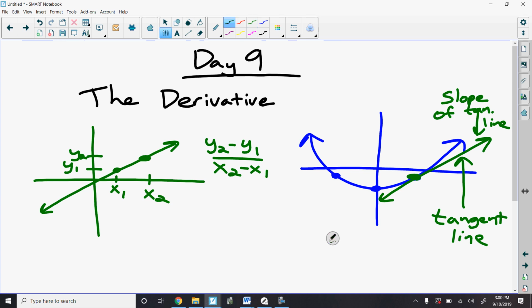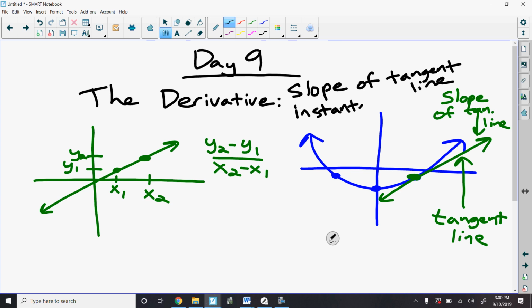So the derivative, this is also called the slope of the tangent line. We also call the derivative an instantaneous rate of change. We've always referred to slope as a rate of change.